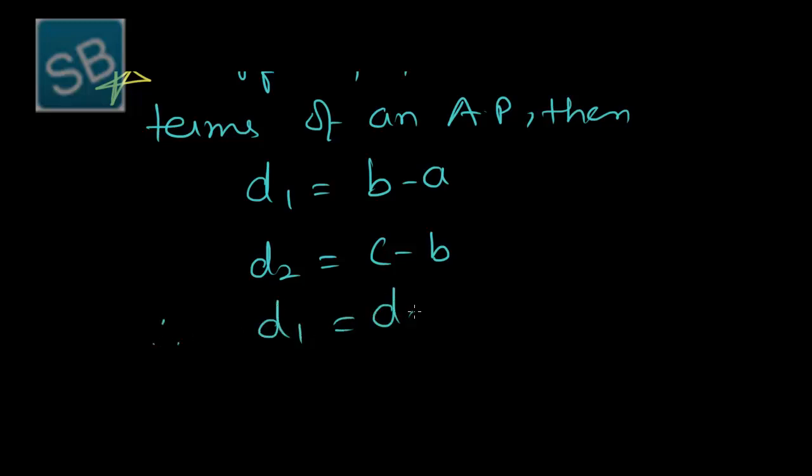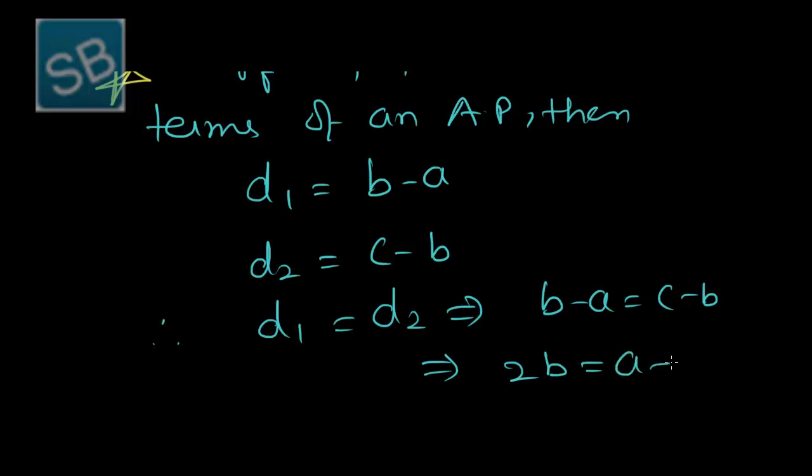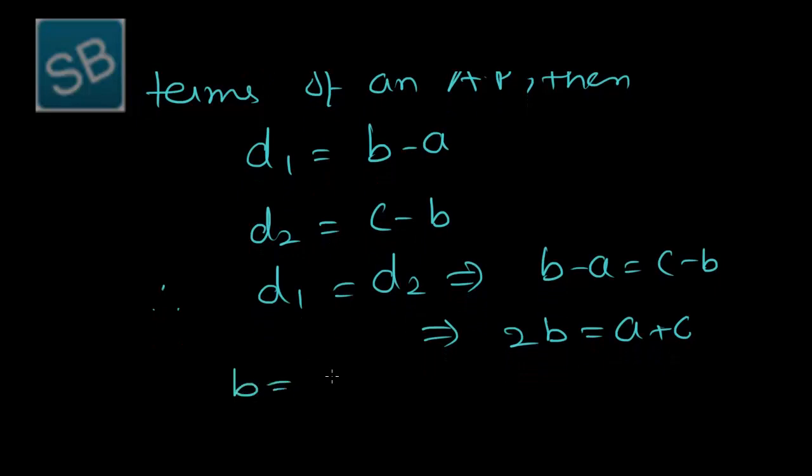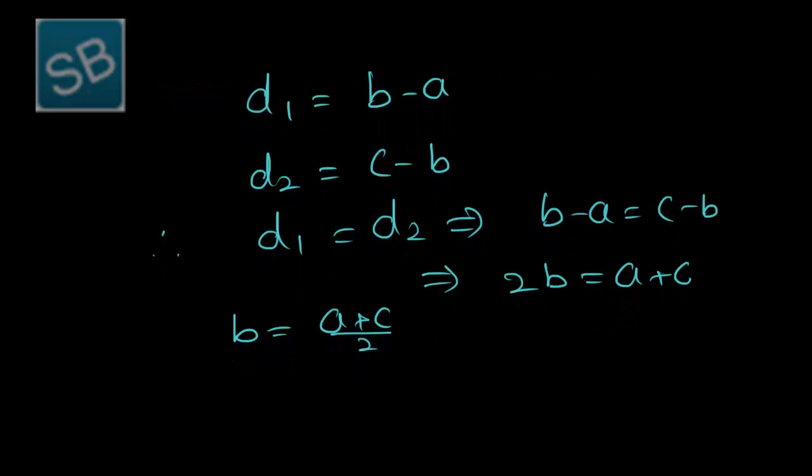Therefore D1 is equal to D2 gives B minus A is equal to C minus B. That is, 2 times B is equal to A plus C, or we can say B is equal to A plus C over 2. So if three terms are in consecutive order, then the middle term is the average of the first and last term. This is all about AP sequence, that is arithmetic progression.